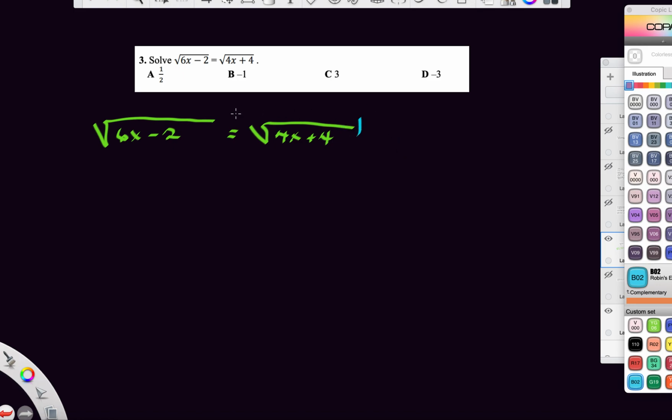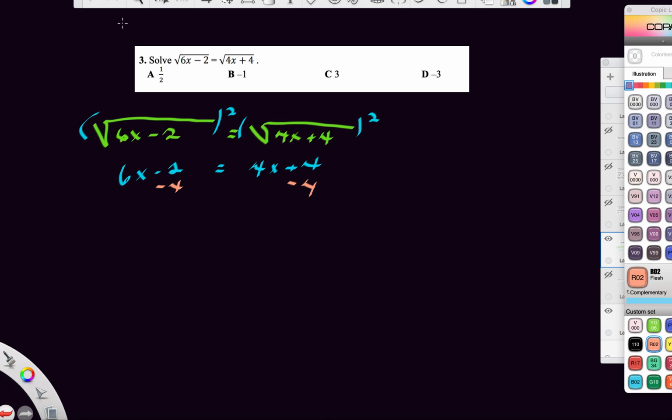By squaring both sides, all you're doing is getting rid of the radicals. How do you undo a square root? Square it. So if I square both sides, what I end up with is 6x minus 2 equals 4x plus 4. Then I'll just do some simple algebra.